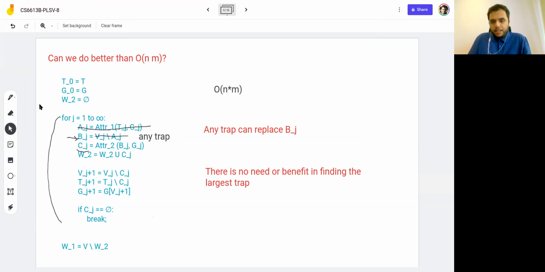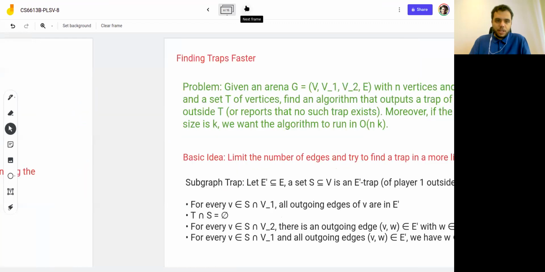Also note that there is basically no benefit in finding the largest trap, because the only thing that we were using in the analysis of our algorithm was that this trap is non-empty, that there is at least one vertex in every iteration, one new vertex that we know player 1 has a winning strategy from. So instead of doing this whole costly operation with attractors and so on, what happens if we can find the traps faster? This is the basic idea that we are going to focus on today.